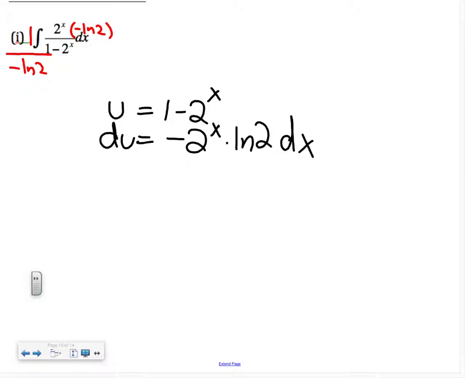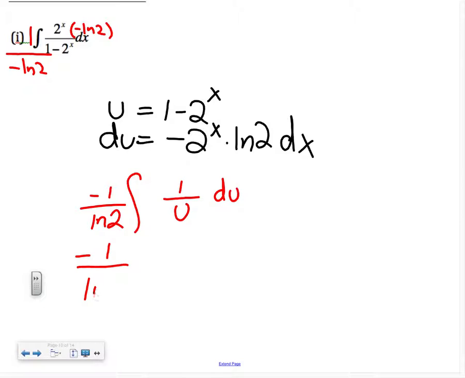So now what I have is the integral of negative 1 over ln 2 times 1 over u, which is somewhat interesting. The integral of 1 over u, I have to think backwards. What thing has a derivative of 1 over u? That would be the ln of x. And remember that it's not just the ln of x, it's the ln of the absolute value of x.